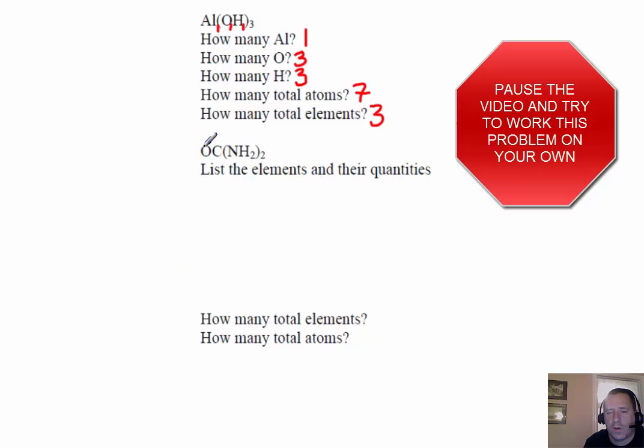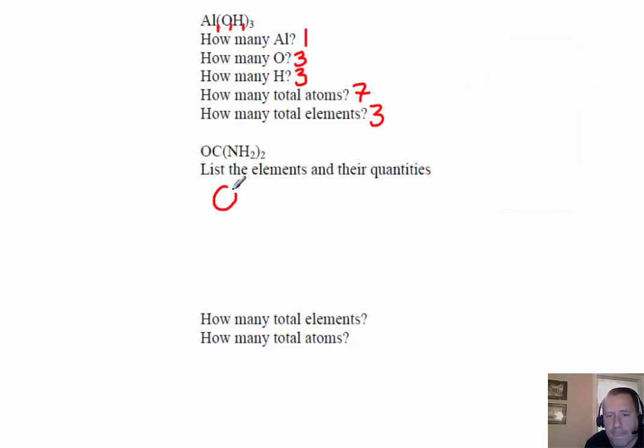Okay, if we start at O, O is an invisible subscript of 1. Is there a parentheses? No. Is there a coefficient? No. Carbon, invisible subscript of 1. Is there parentheses? No. Subscript? No. Also a 1. N, invisible subscript of 1.